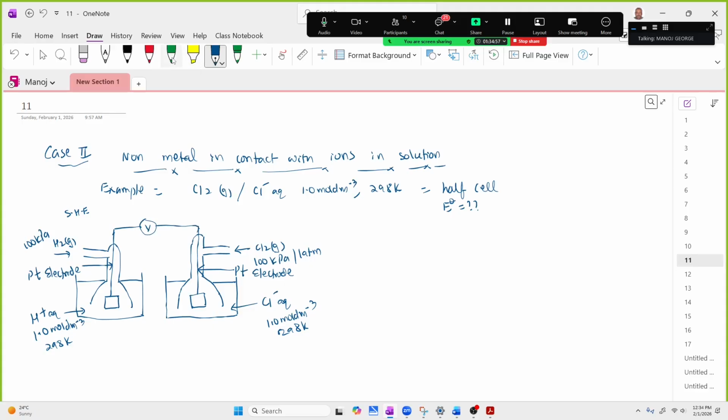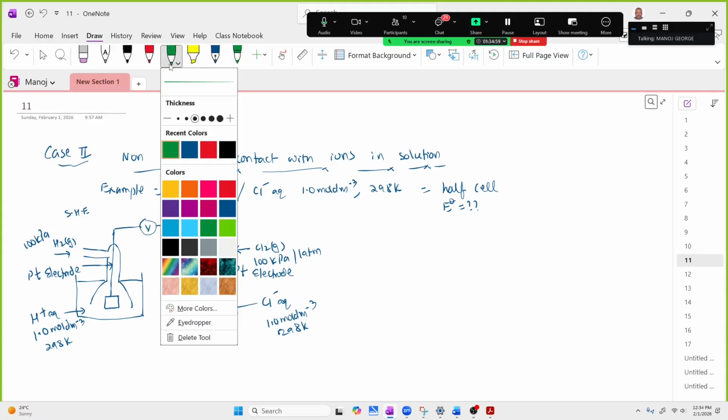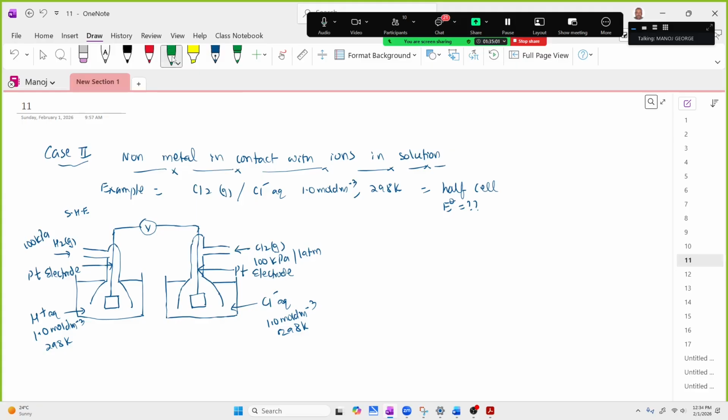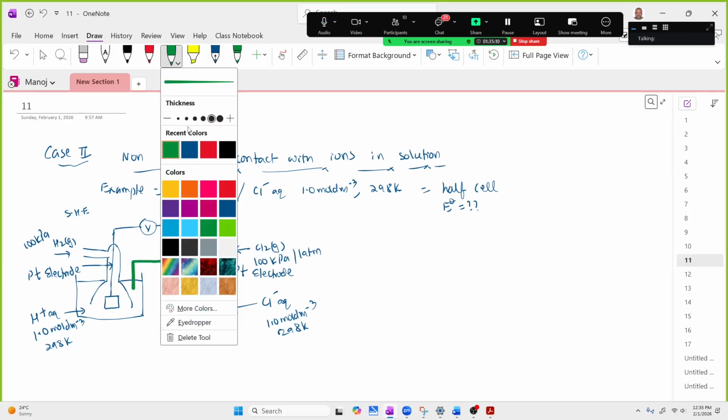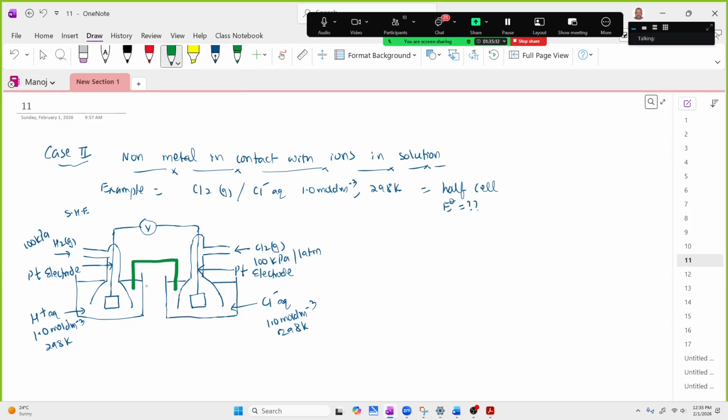But don't forget, this is not going to work until I connect a salt bridge. Without that, this is not going to work. So I'm going to connect this with a salt bridge. So that's done. That's my salt bridge, and as we just said, a salt bridge is usually packed with potassium nitrate or potassium chloride.